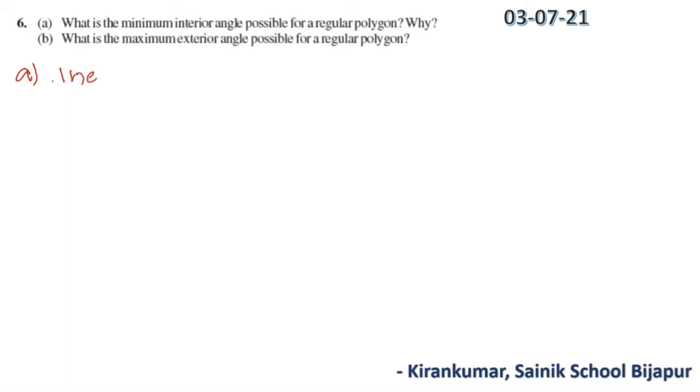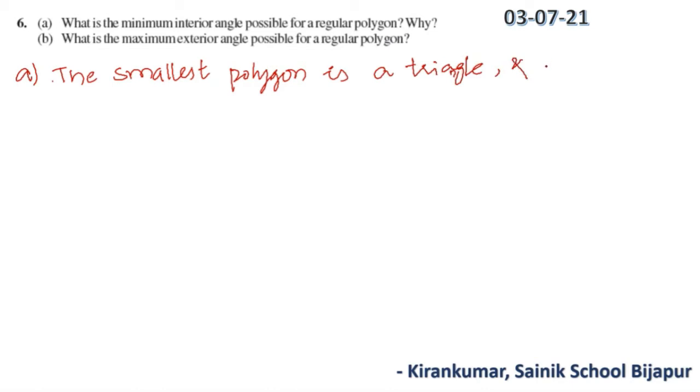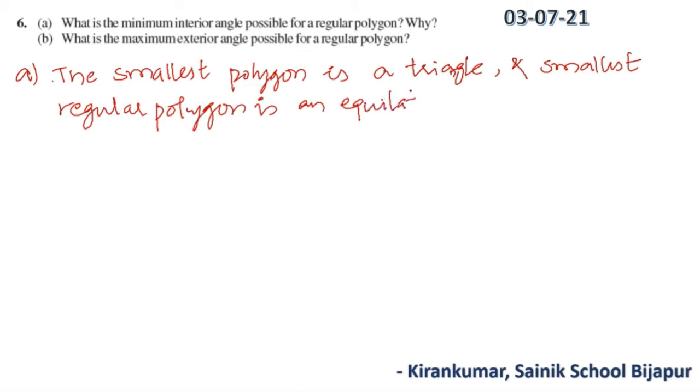The smallest polygon is a triangle and the smallest regular polygon is an equilateral triangle.